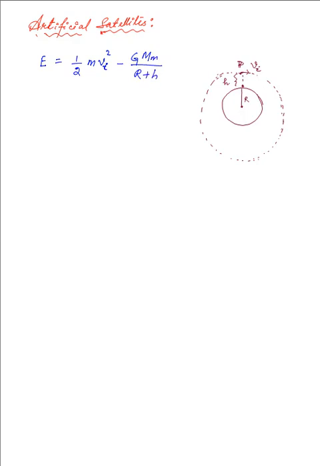The distance is obviously taken from the center of the Earth, that is at a distance R over a height h, so the total distance is R plus h.